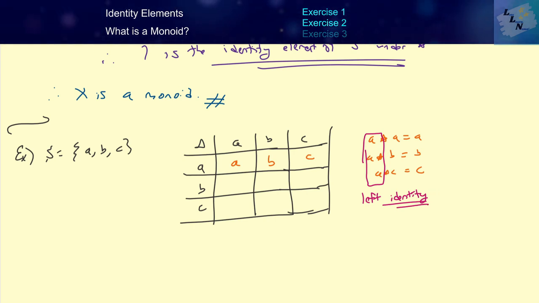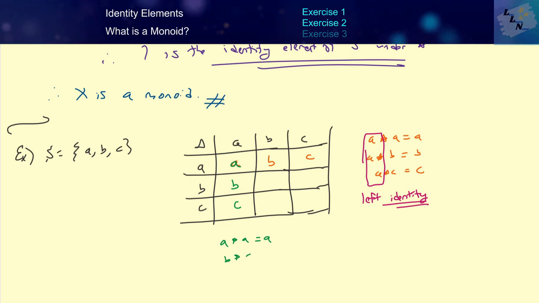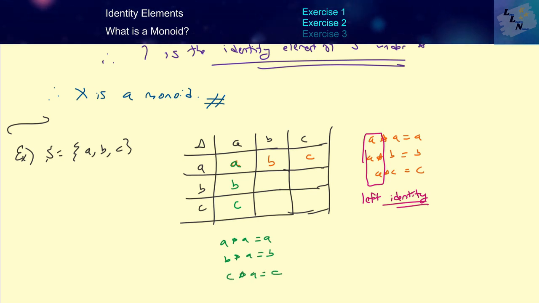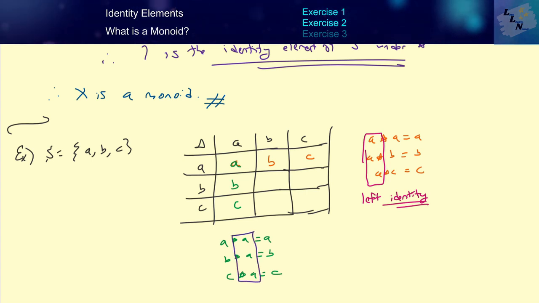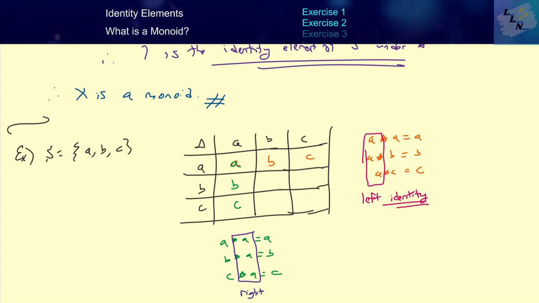Similarly, if we go down the column, and we look down that way, so if we do, for example, A, B, and C here, so what we're doing is A star A is equal to A, B star A is equal to B, and C star A is equal to C. And if you look at this, we're getting the same exact element back again, so this is what we usually refer to as a right identity element, right?